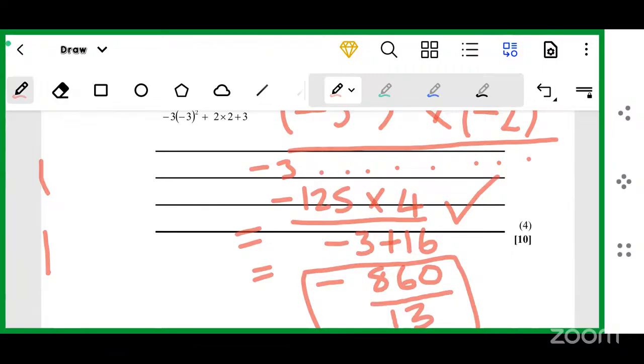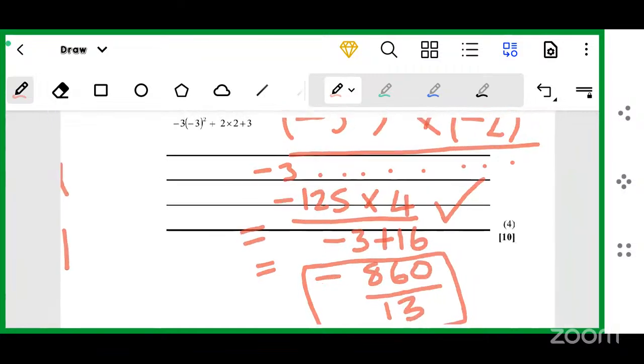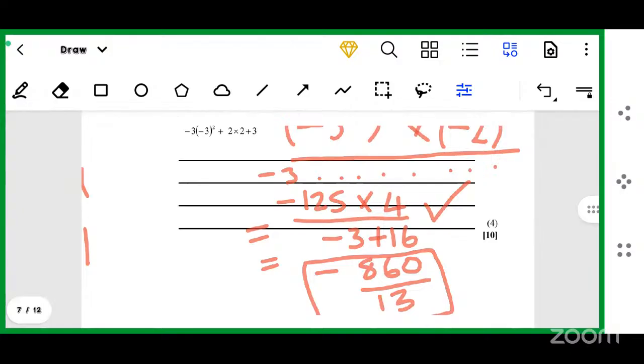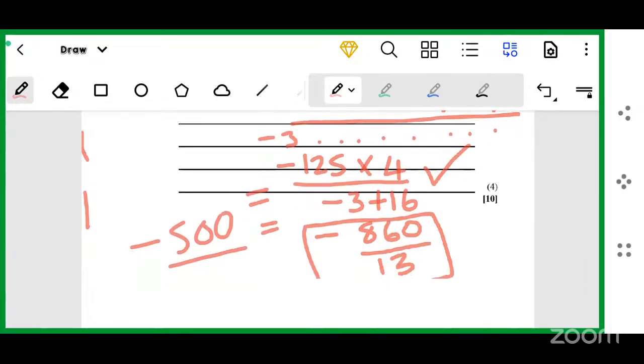I think there is a slight mistake with the final. Oh, perfect. It's supposed to be negative 500 over 13.